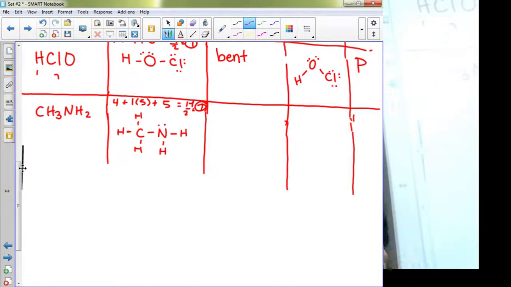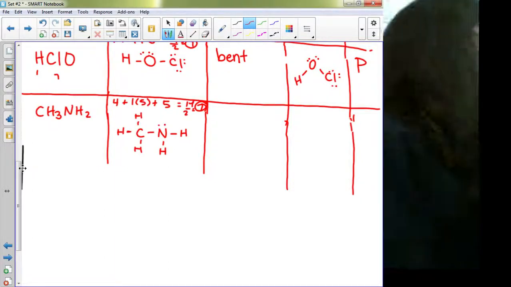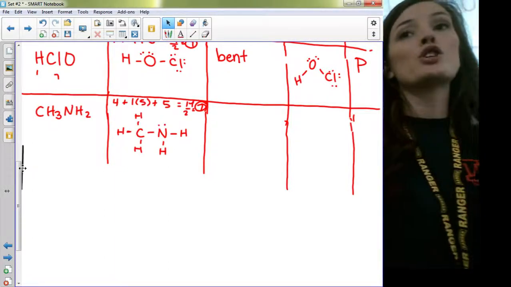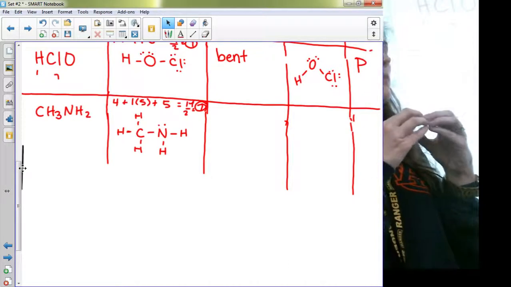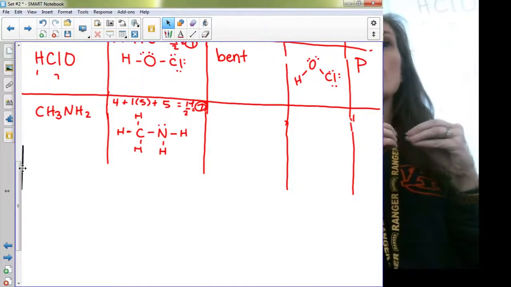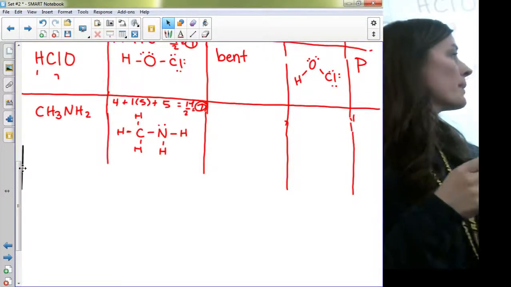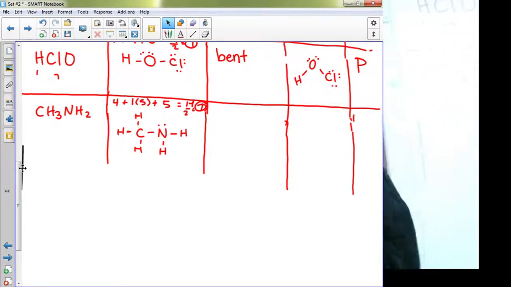Now it's time to build it. Now, you're going to have 2 different shapes on this because you have 2 different center atoms. So we're going to look at the shape around the carbon, and then we're also going to look at the shape around the nitrogen.